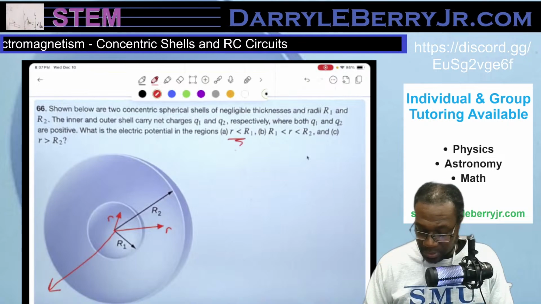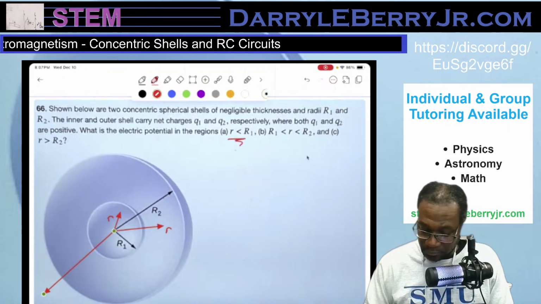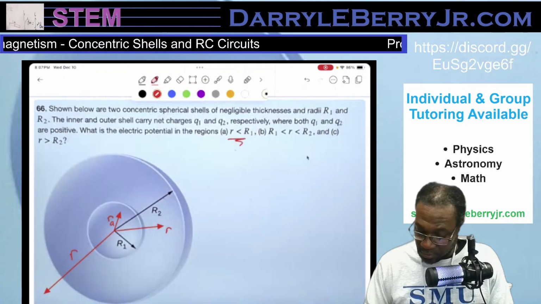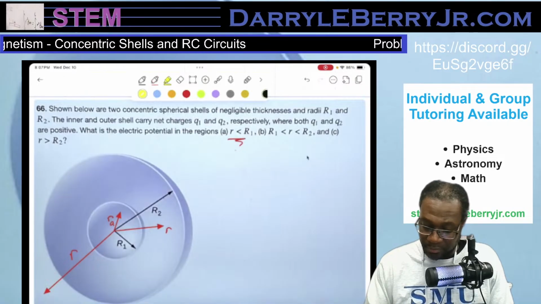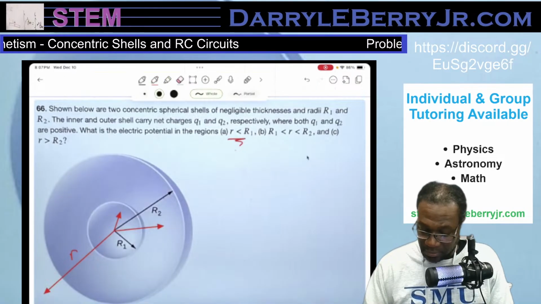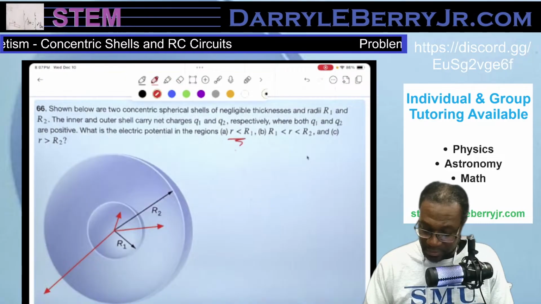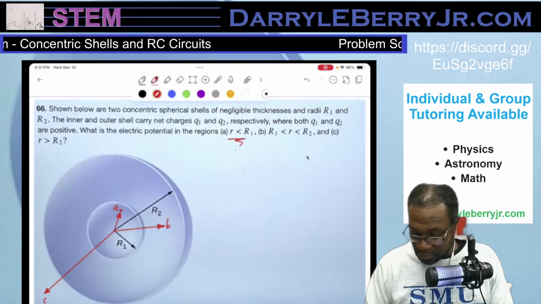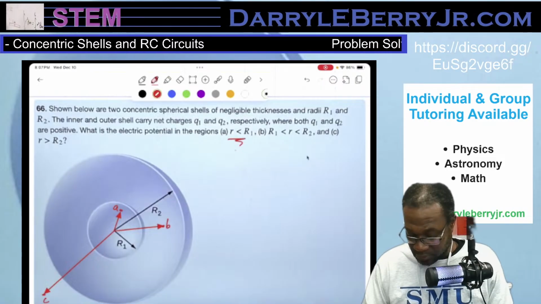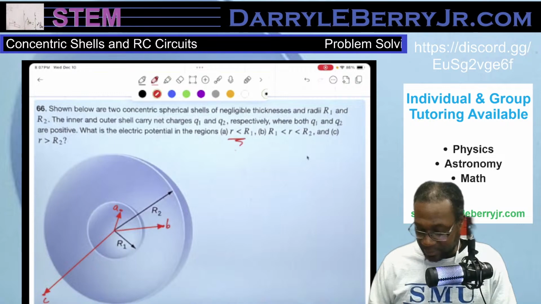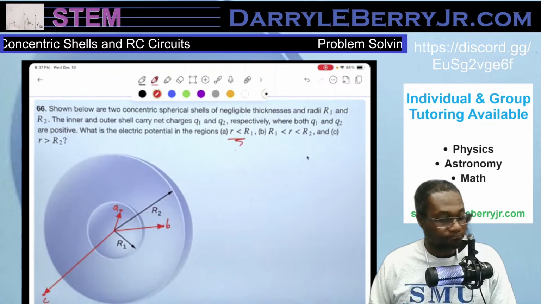So the last one will be out here. So I'll call these RA, RB. Actually, rather than calling them RA, RB, and RC, I'll just call them A, B, and C. So this is A, this is B, and this is C, as far as the distances that we're going to get the potential at.